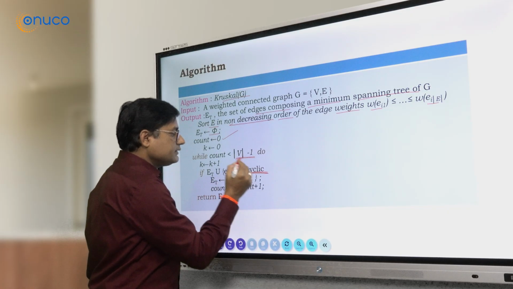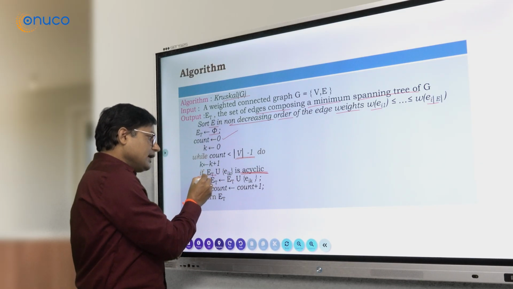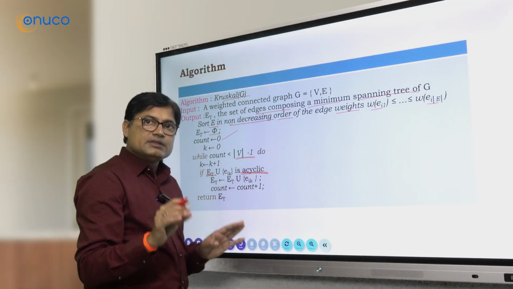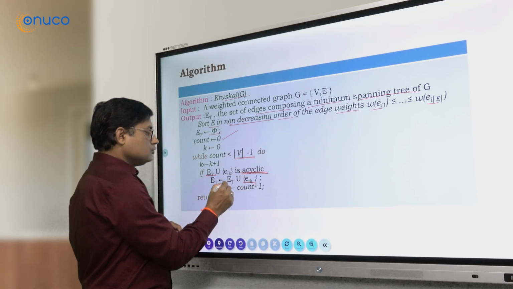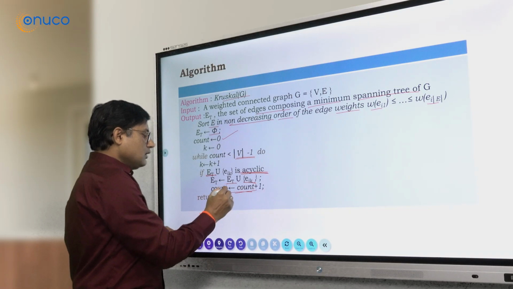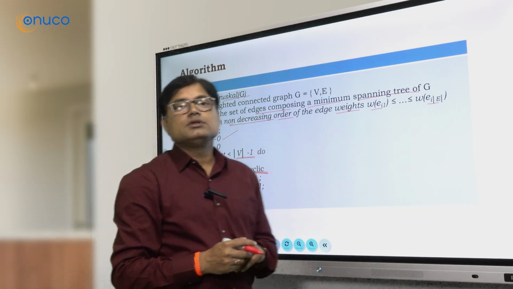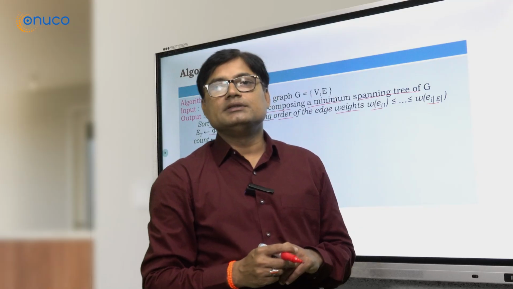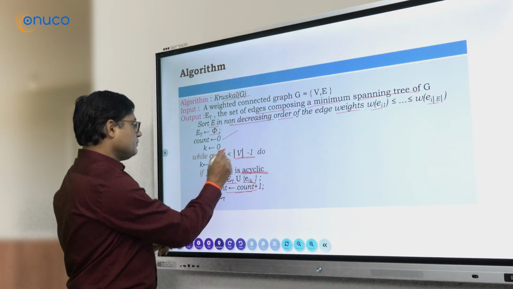If by combining this edge with the existing edges it is not forming a cycle, then you select this particular edge ik into ET and count increases by count plus 1. You do this as many times as the number of vertices in the graph minus 1.